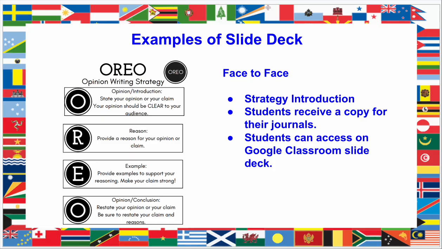I would probably introduce this in a face-to-face situation where I'm introducing the strategy, and then the students will receive a copy for their journals, and they can also access it on their Google Classroom slide deck at a later time.